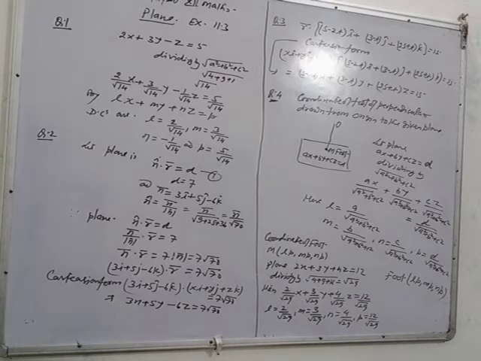On the right side, 5 by root 14 is the length of the normal. So you can compare with lx plus my plus nz is equal to p, where l, m, n are DCs and p is the length of the normal. So write the values of l, m, n and p.